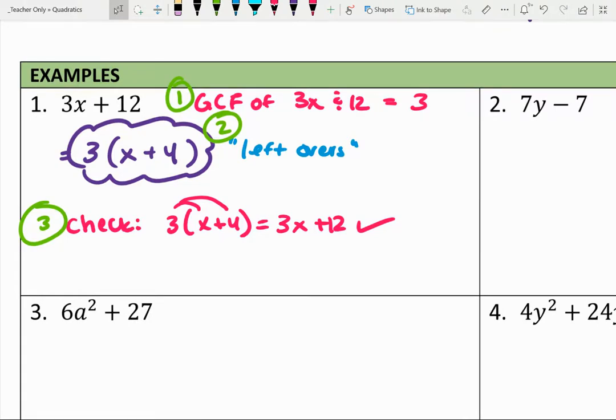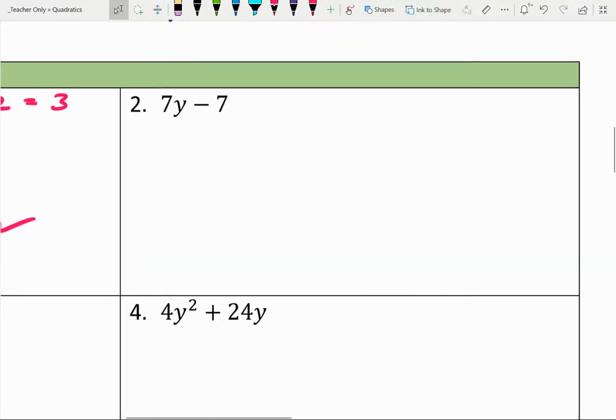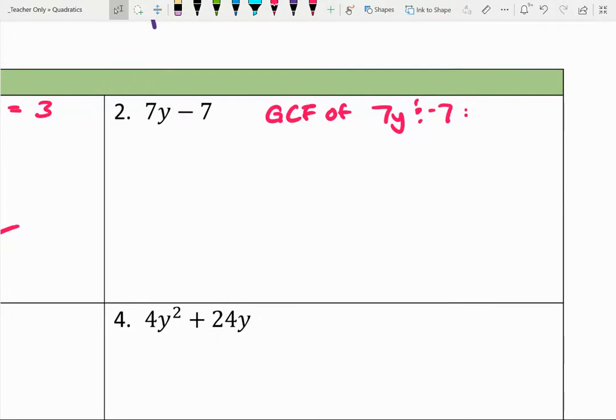Some of these I will do completely with you, and some of them I will have you try out on your own. So 7y minus 7, again, I'm going to start with what is my greatest common factor of 7y and negative 7? Well, y is not in both of those terms. The only thing they have in common is a 7. 7 times y makes 7y, and 7 times -1 makes -7.